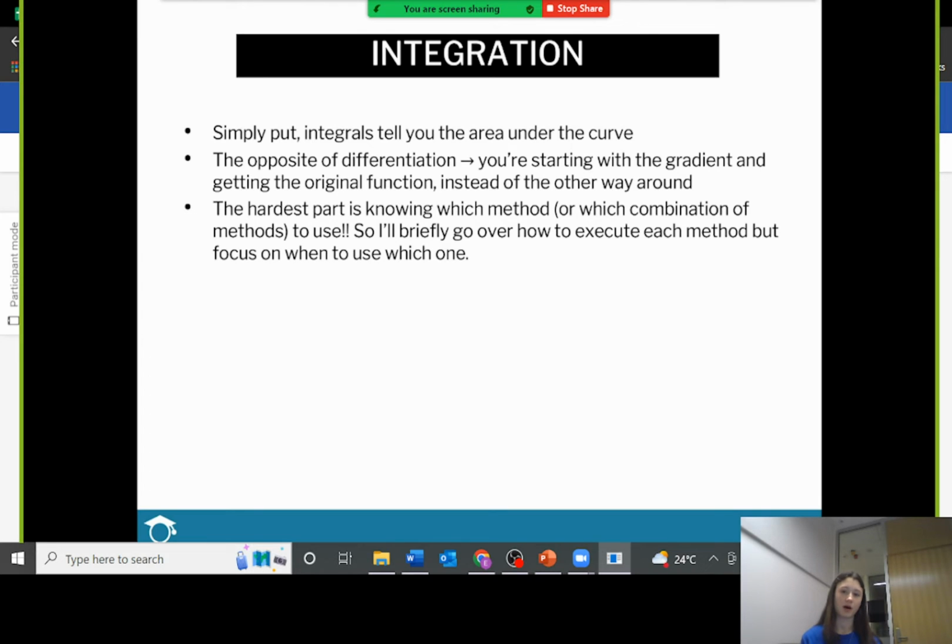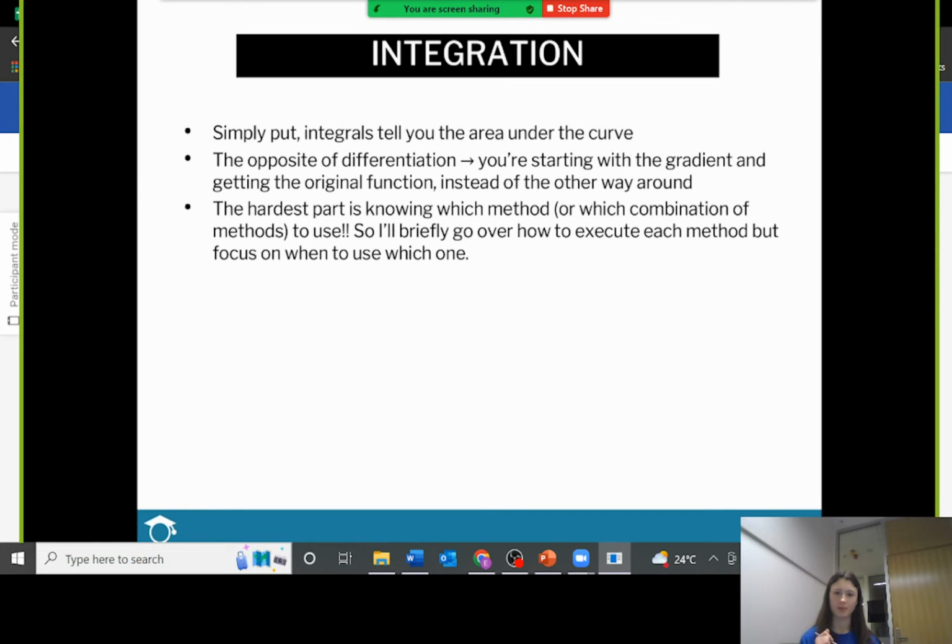The hardest part for integration in Spec, because in Methods it's fairly straightforward, but in Specialist the hardest part isn't even knowing how to do all the methods, but it's knowing which methods to use, because there's so many of them.